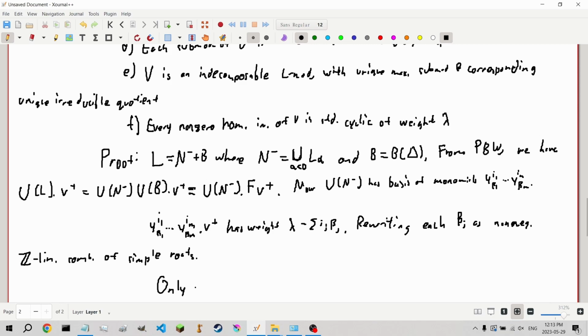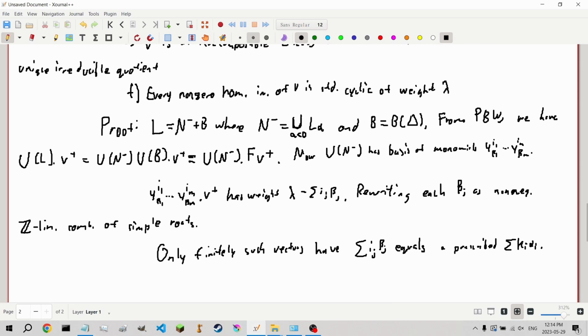Only finitely many such vectors of the form y_beta1 to the i1 through y_beta m to the im on v plus have the sum of i_j beta_j equal to a prescribed sum of k_i alpha_i.